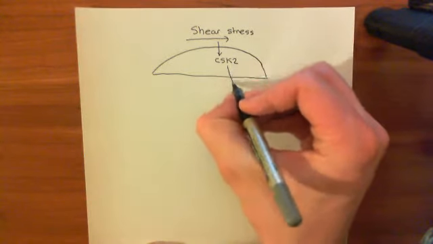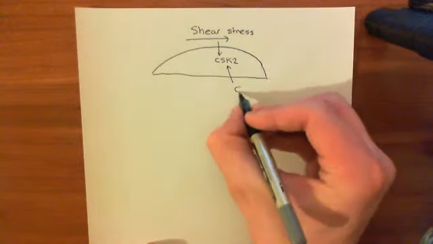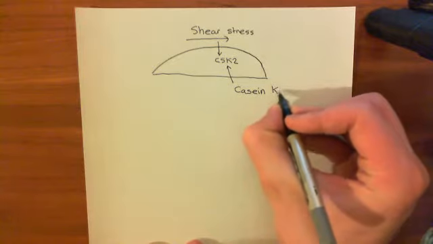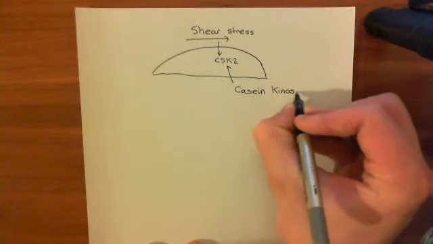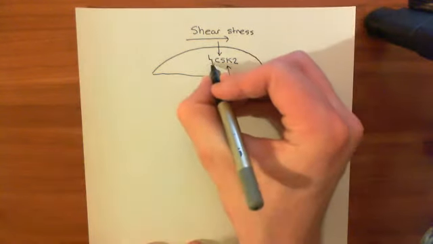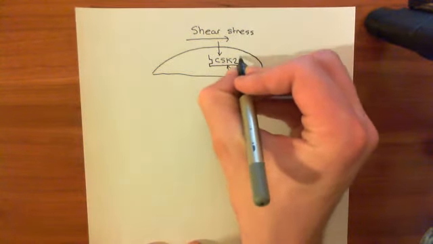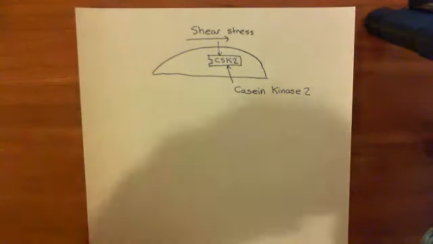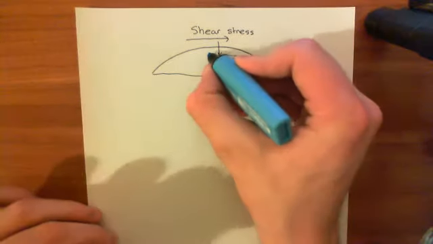Okay, so this CSK here, this stands for casein kinase 2, okay, which is a kinase enzyme. So I'll draw it as having this little active site here. So here's our casein kinase 2 enzyme, which has become active in response to shear stress going up.